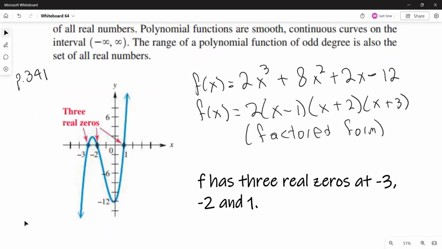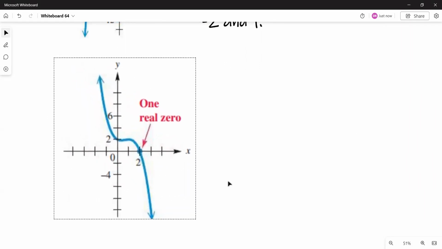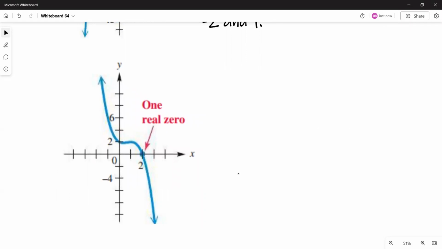Number 2, or part B, the second graph on this page. So I'm going to show you the graph and I'm going to write the formula. Okay, so the formula for this function f of x in general form is the opposite of x cubed plus 2x squared minus x plus 2.